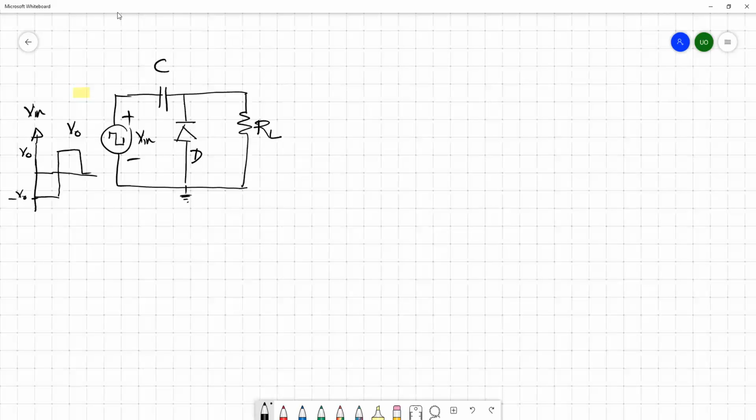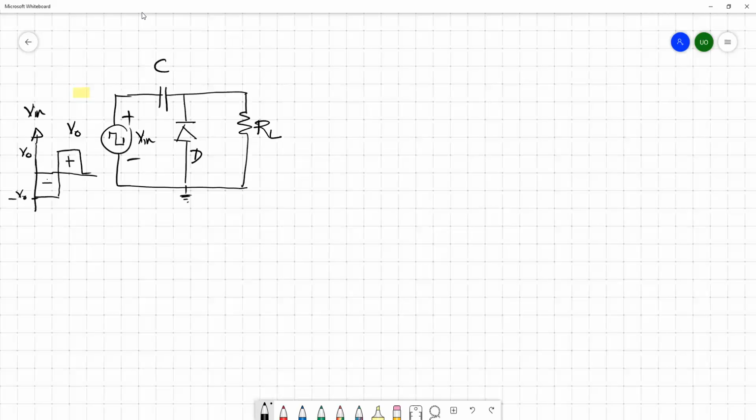You have a capacitor which is at 0 volts, because there won't be any charge across the capacitor initially. We have a diode oriented like this, and we have a load resistor. Let's see what happens to the circuit during the negative and positive cycles.